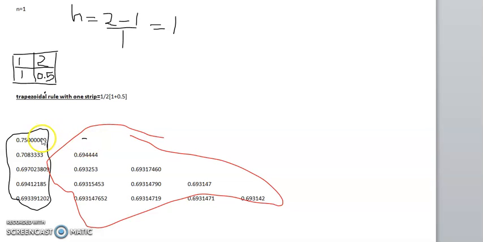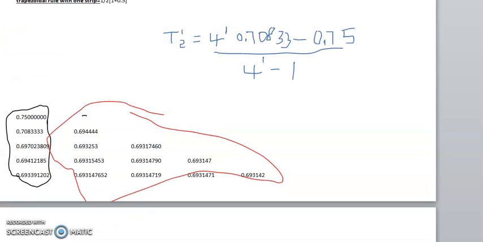Now these subsequent columns here, how you'll get this one, 0.944. Now when you apply the formula to the first row of the second column, this is 0.694444.